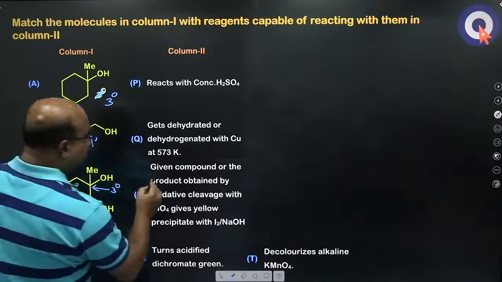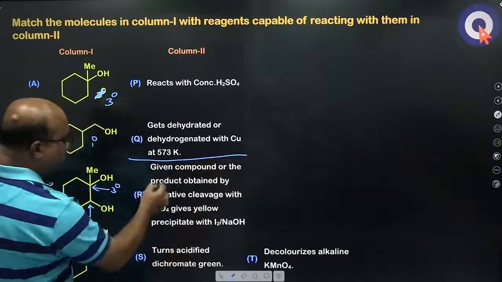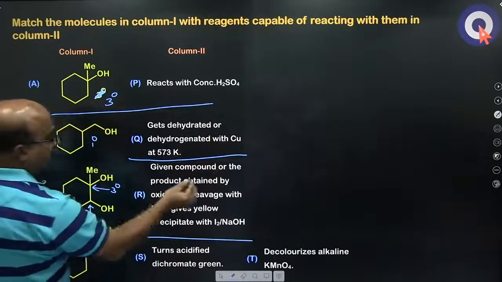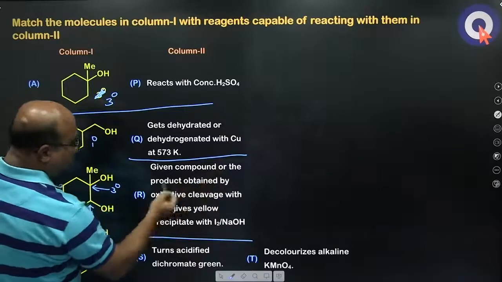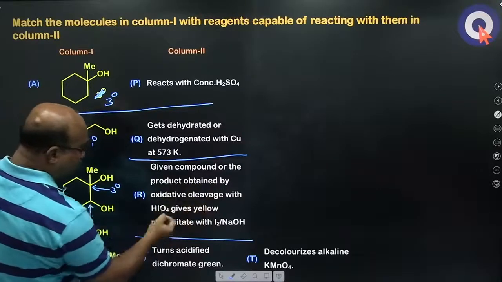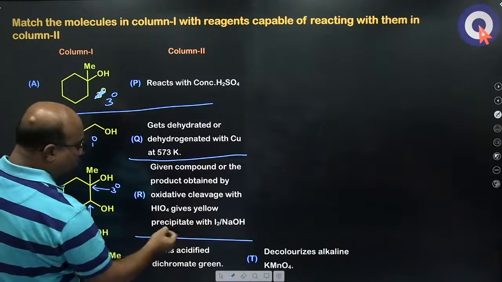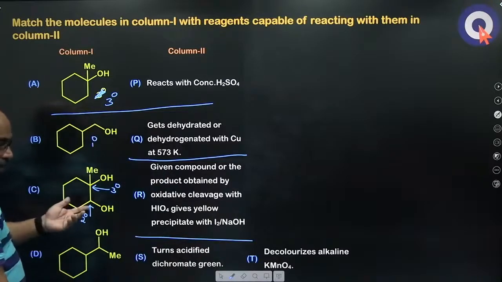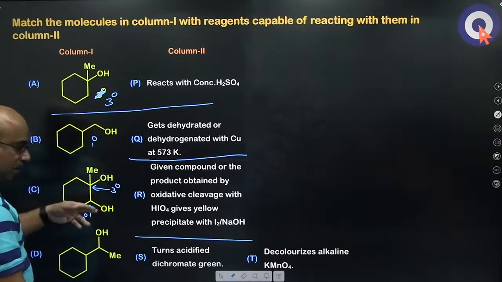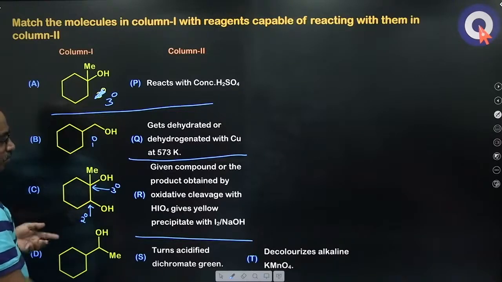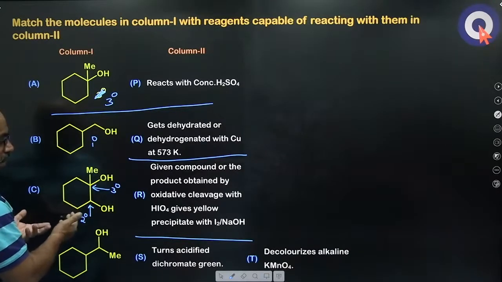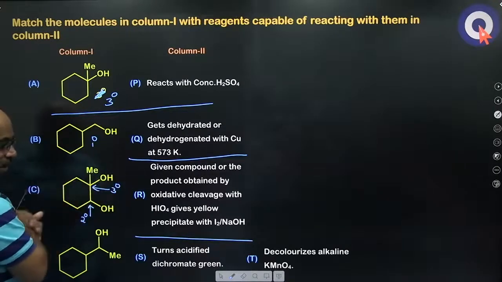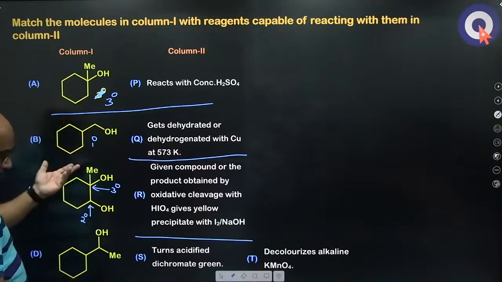So this part is clear. Now the given compound, or the product obtained by oxidative cleavage with HIO4, gives a yellow precipitate with I2 and NaOH. If you react with HIO4 and get a product, then the product of this reaction is what you take. So you can take this product directly.